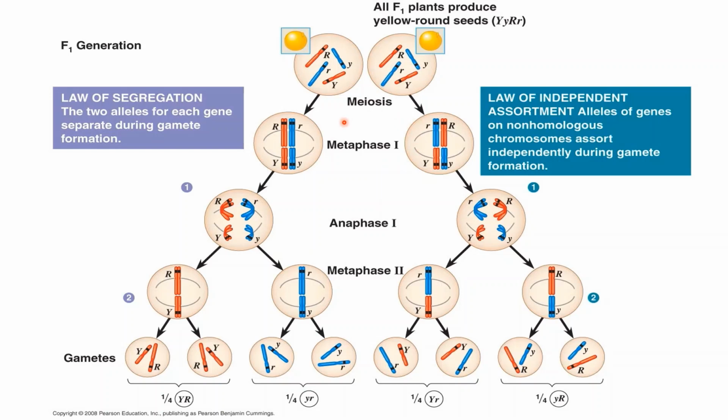There are many possible combinations of alignment of these non-homologous chromosomes along the metaphase plate, depending on the number of chromosomes an organism has. For this example, you will see that there are 2 possible combinations of assortment.